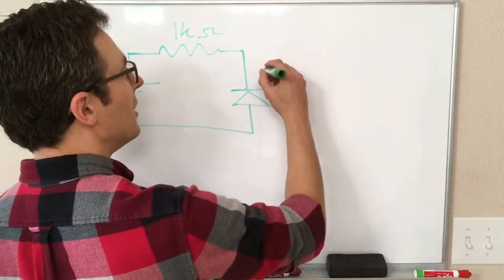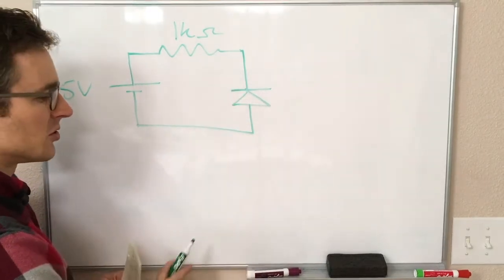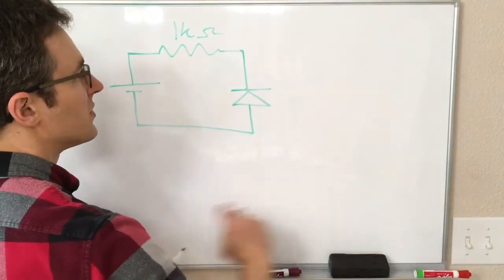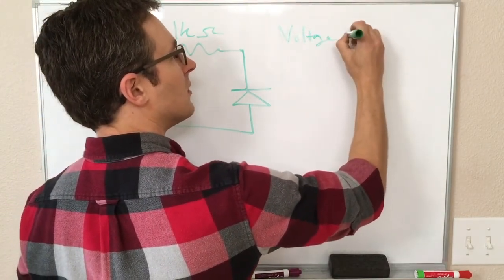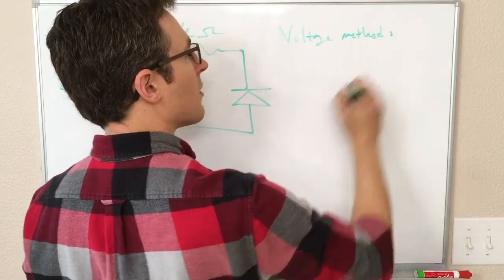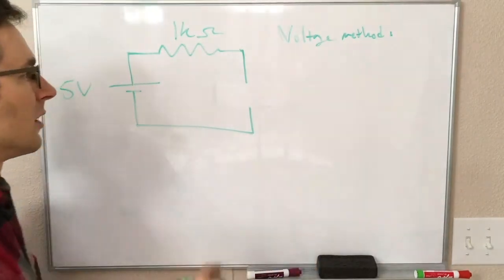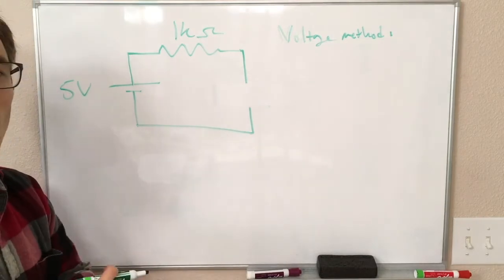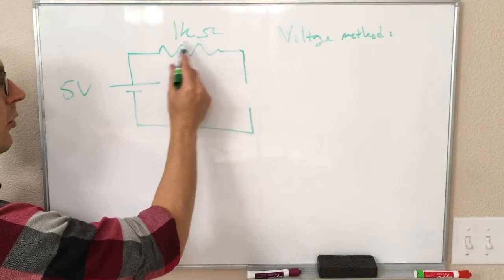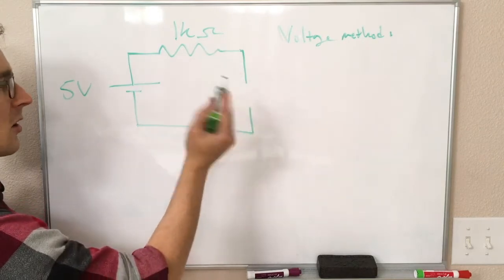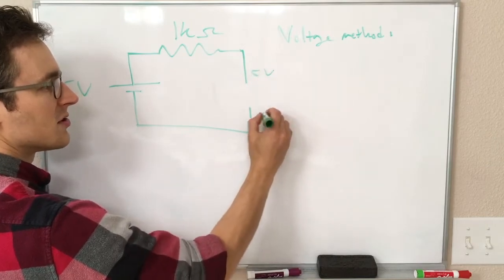So if we think about this in terms of the diode voltage, we're going to remove the diode. We'll call this the voltage method. We're going to remove the diode and say, okay, without this diode here, with an open hole in the circuit, what does the voltage look like? So here, the current through our resistor is going to be 0 because the current has nowhere to go, so there's no drop. So we have 5 volts and 0 volts.